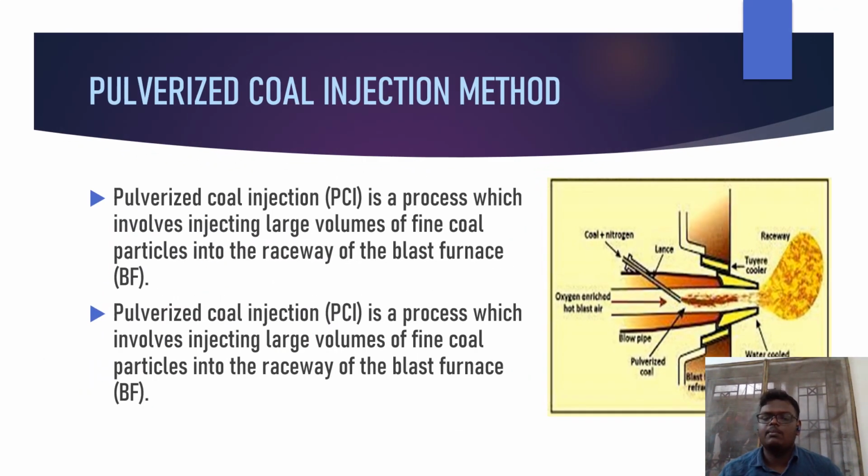Pulverized coal injection method. Pulverized coal injection (PCI) is a process which involves injecting large volumes of fine coal particles into the raceway of the blast furnace.